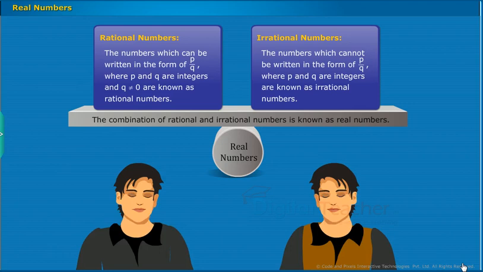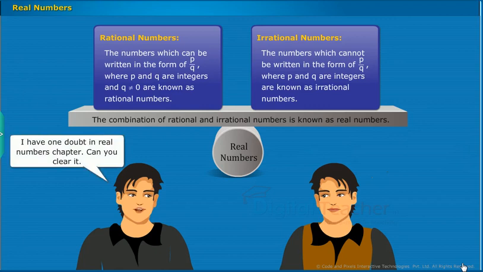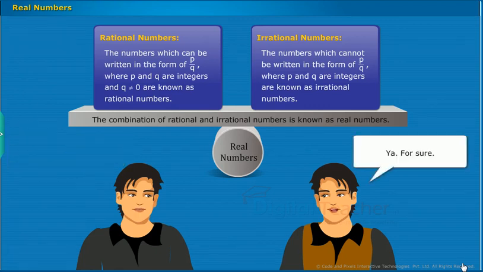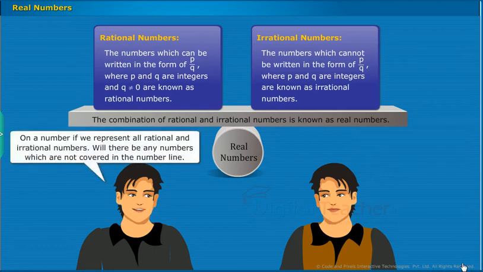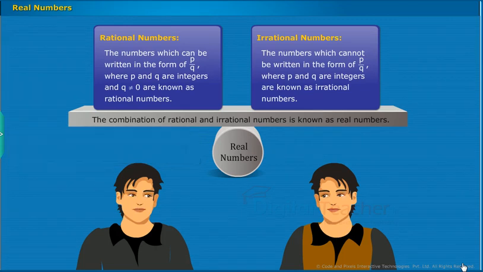Now, let us observe the conversation on real numbers. Hi Raju. Hi Venkat. I have one doubt in the real numbers chapter. Can you clear it? Yeah, for sure. On a number line, if we represent all rational and irrational numbers, will there be any numbers which are not covered in the number line?